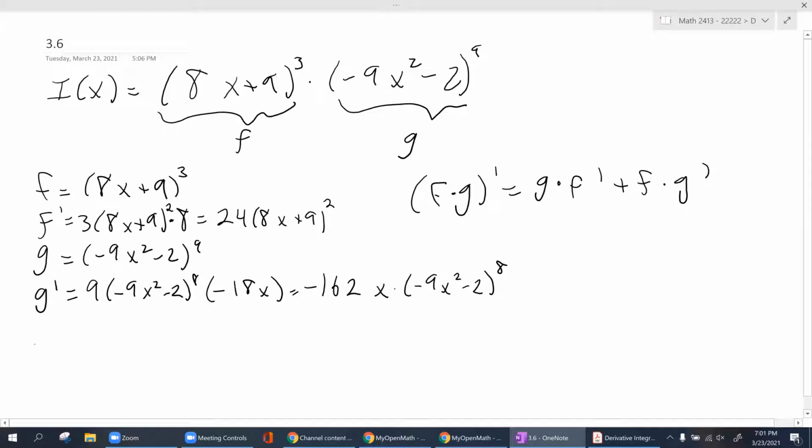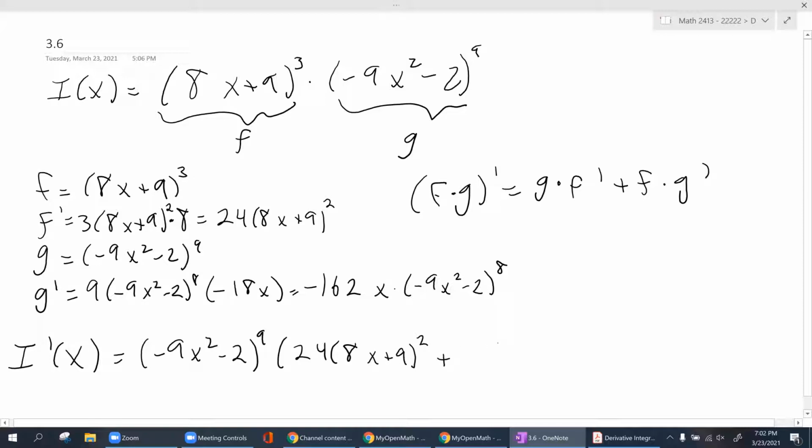So the derivative is equal to negative 9x squared minus 2 to the 9th times 24 times 8x plus 9 squared, plus 8x plus 9 to the third times negative 162x times negative 9x squared minus 2 to the 8th.